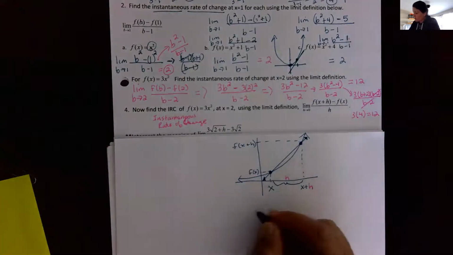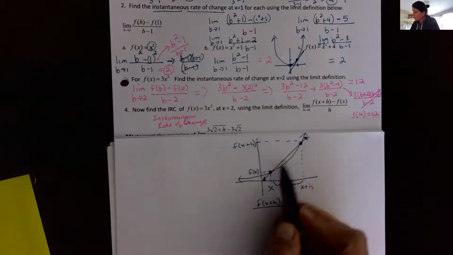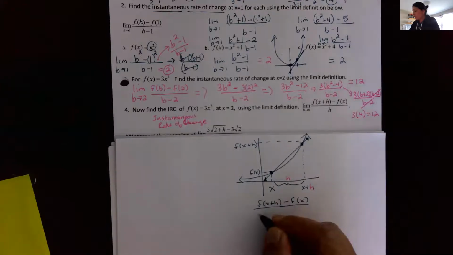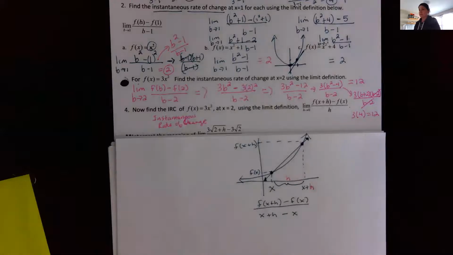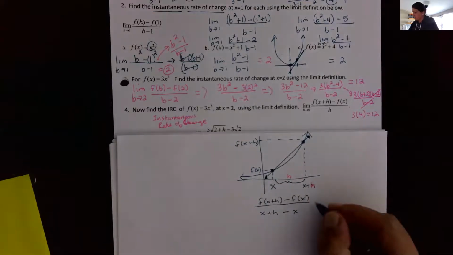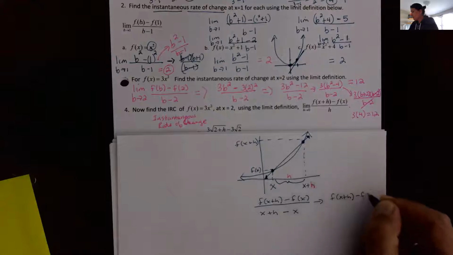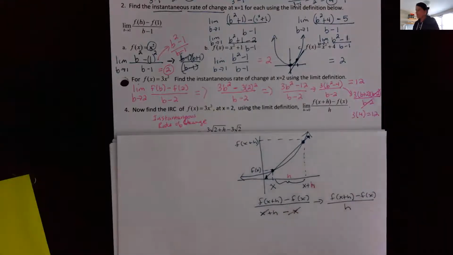So my slope, if you will, would be f of x plus h, y2, minus y1, minus f of x, over x plus h minus x. F of x plus h minus f of x over h.